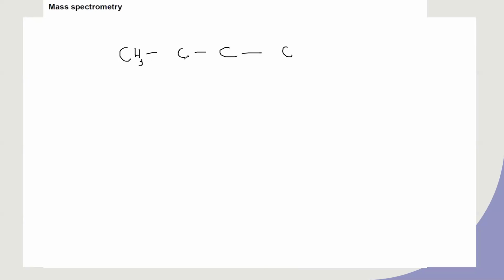So this will be CH3, CH2, CH2 and then CH3. When we find the relative molecular mass, 4 carbons, so 4 multiplied by 12 equals 48, plus there are 10 hydrogen atoms, so that will be 58. So the relative molecular mass of this is 58.